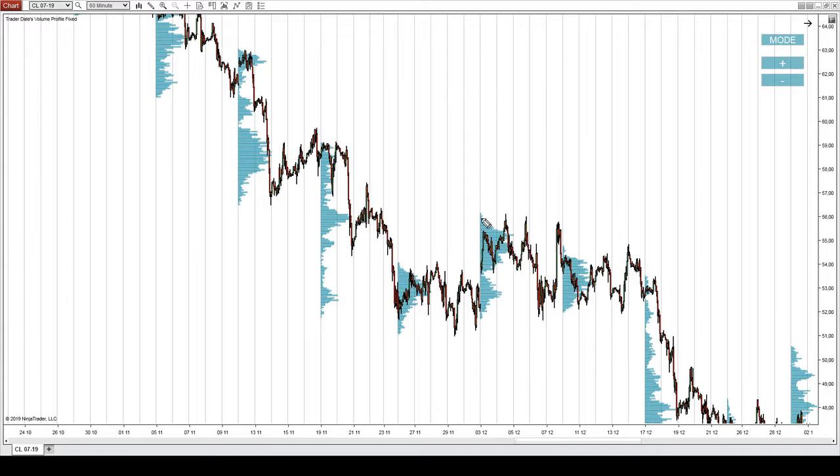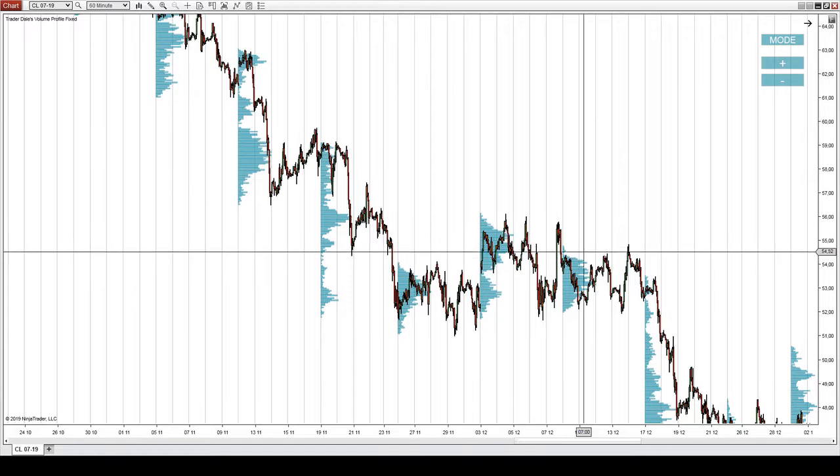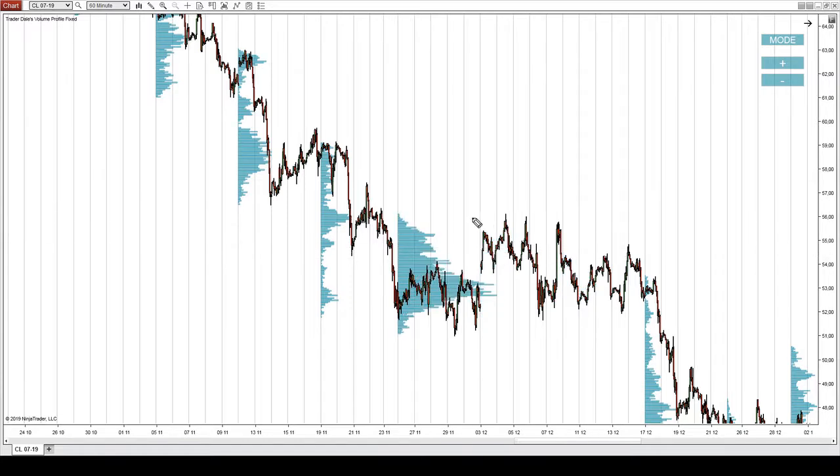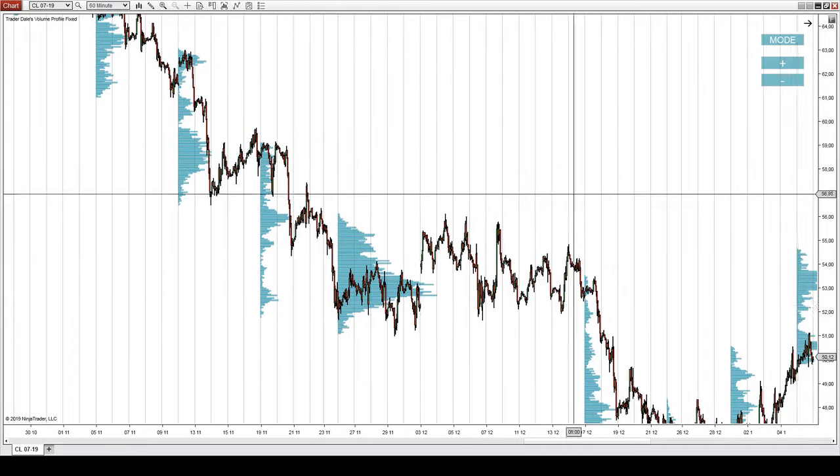Well, actually this P-shaped profile looks more like a double distribution profile when I'm looking at it like this, because it's followed by a D-shaped profile, and merging all those will create one big D-shaped profile. This is a balanced market in here. But if you look carefully, you can see that the volumes are actually shifting a little bit downwards in this whole area. So the fair value is a little bit lower than in the middle. Alright, this could be a sign of sellers.